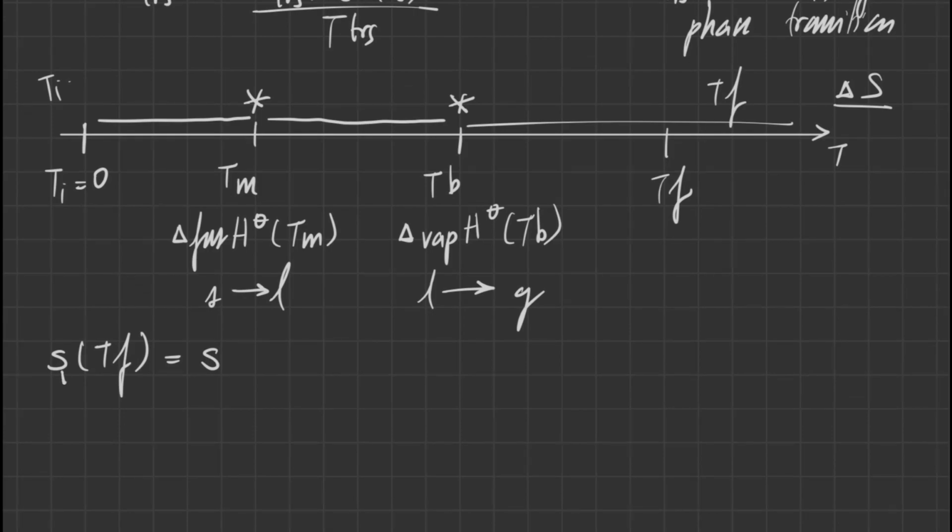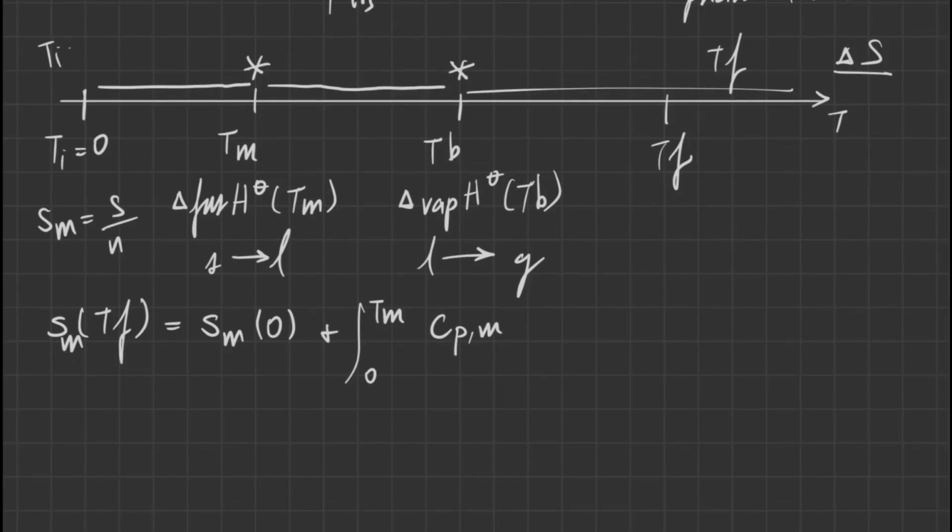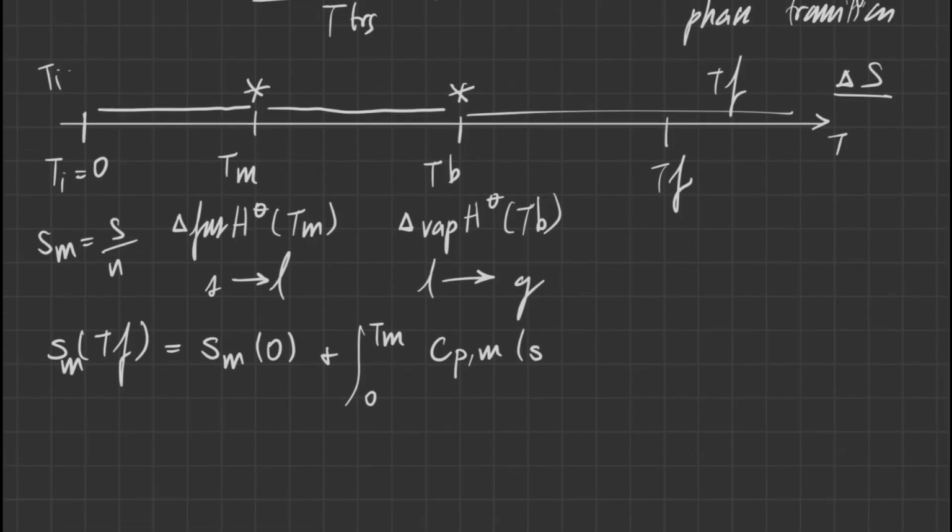So let's just evaluate this in molar entropy. At Ti, which is at 0, so plus the integral from 0 to Tm, where we evaluate the molar heat capacity at constant pressure, where the element is a solid, or the compound is a solid, and this is at T prime.